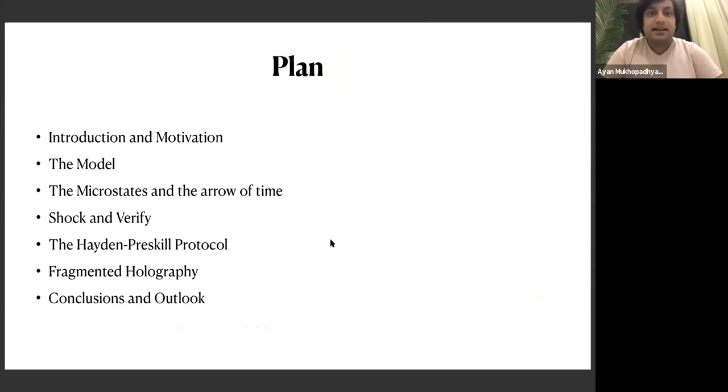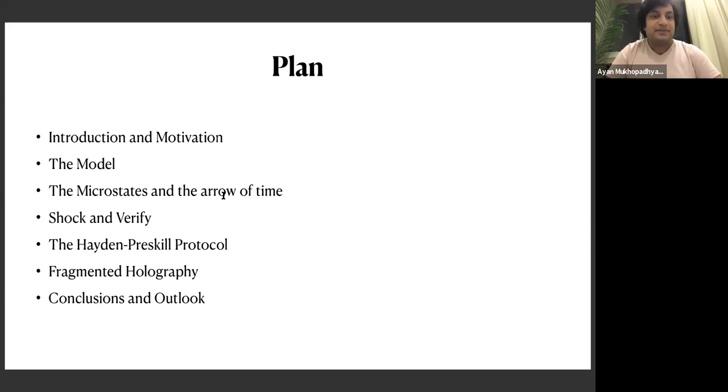Okay, so the plan of the talk is as follows. I will have an introduction and motivation to what we are doing, and then we will present the model of a black hole. Any model of a black hole should first address the question: what are the microstates? Whether we can capture the microstates of a black hole, and surprisingly, our model can also tell us that the arrow of time will emerge.